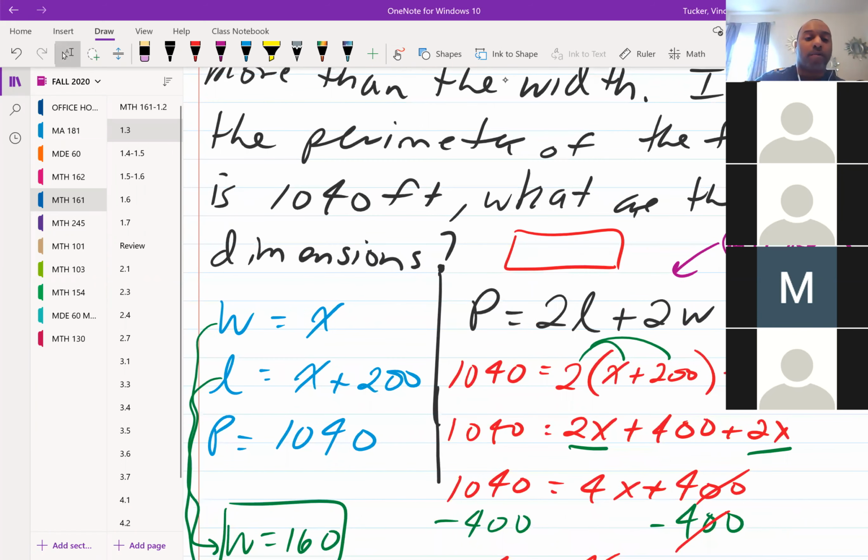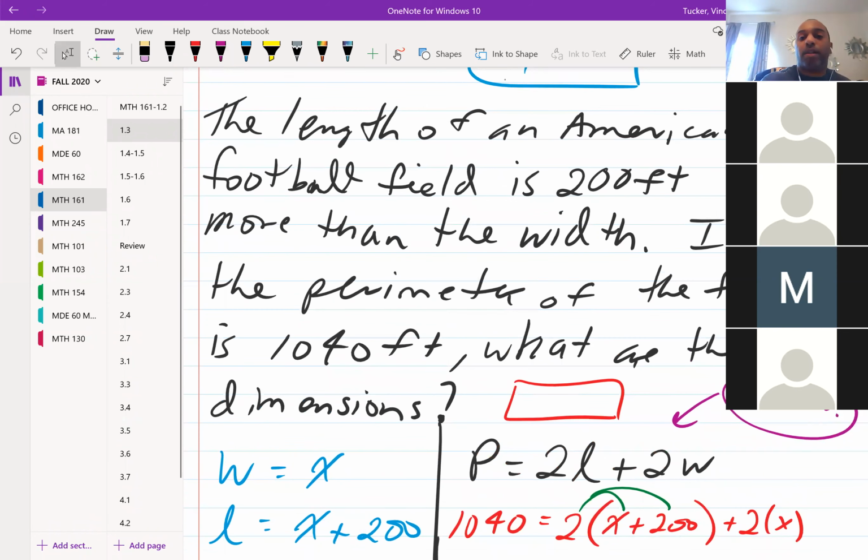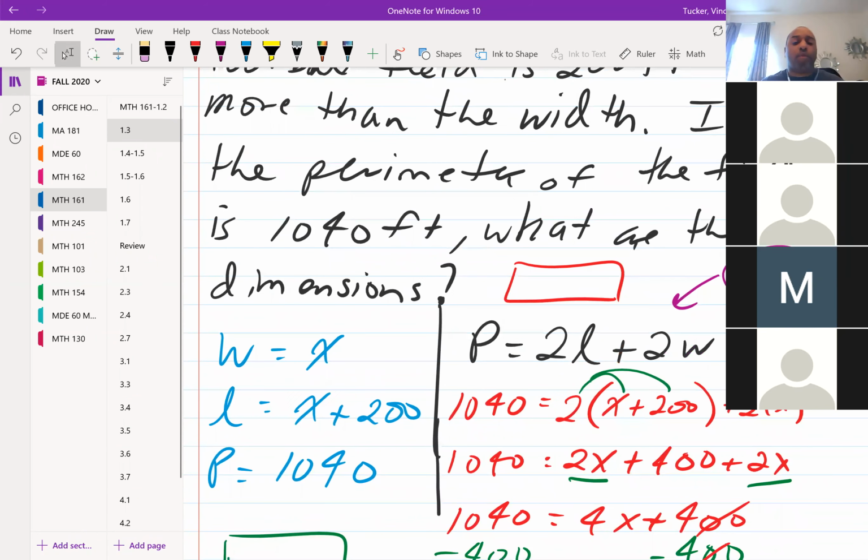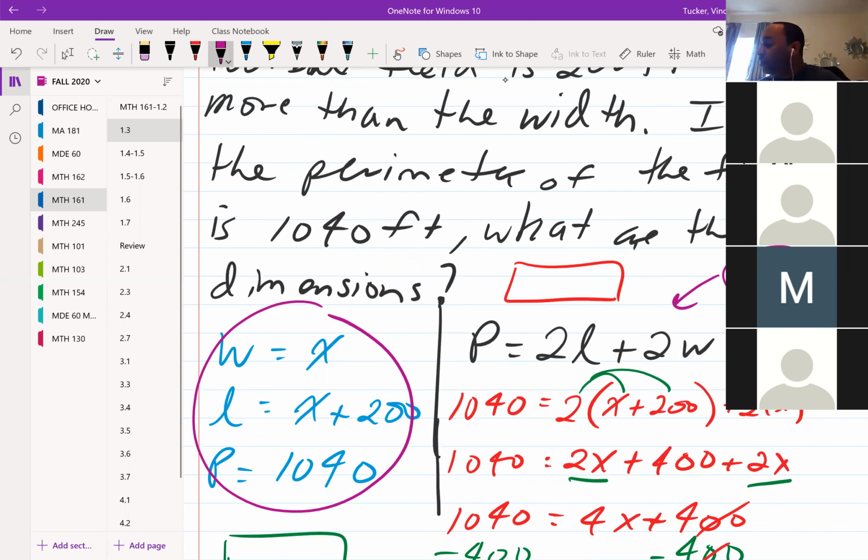And so where did that come from? W, we're going to call X because the length is described in terms of W. So it says that the length is 200 feet more than the width. So that means we call the width X, and then we call the length X plus 200. And your perimeter is already given. That's 1,040.